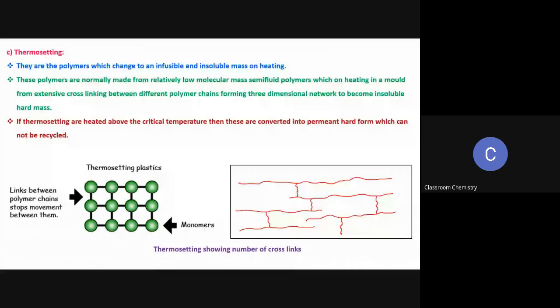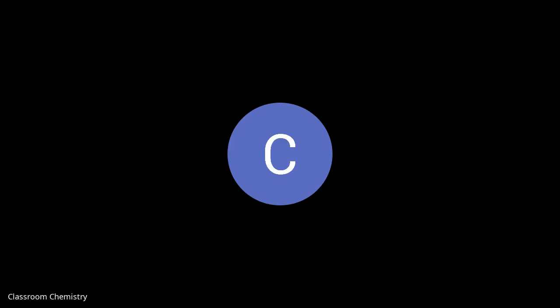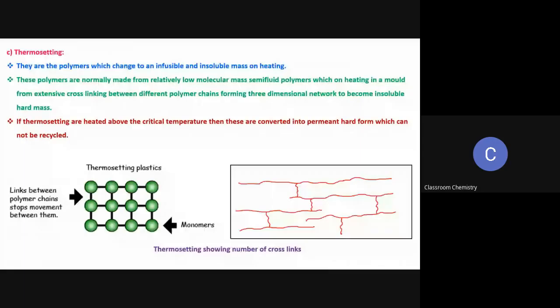And if you heat it, then what happens? Due to this extensive cross-linking between different polymer chains, it forms a three-dimensional network and becomes an insoluble hard mass.